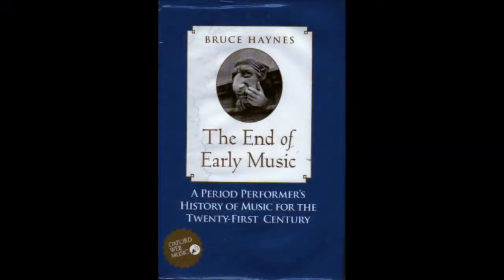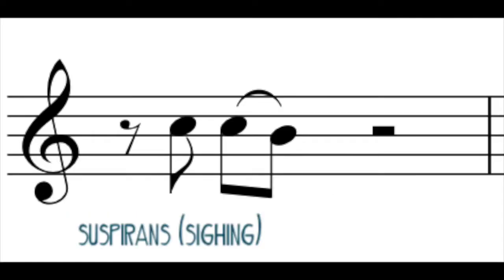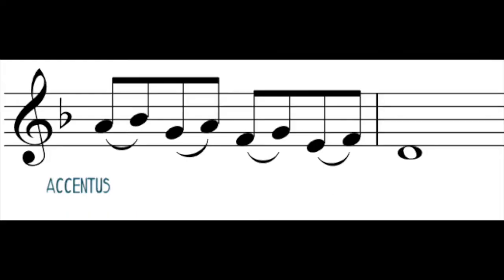And so, let's see, here in this book, Bruce Haynes, The End of Early Music, he's got some of those figures. There's the suspirans. First, how Bach uses it in the C major allegro. Or this way. There's the accentus.